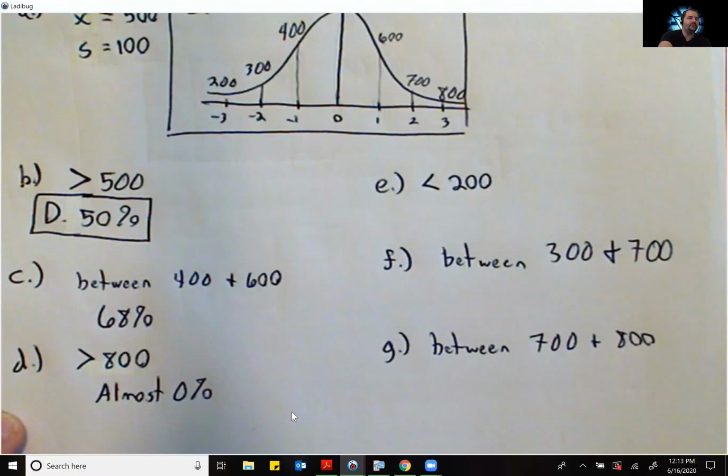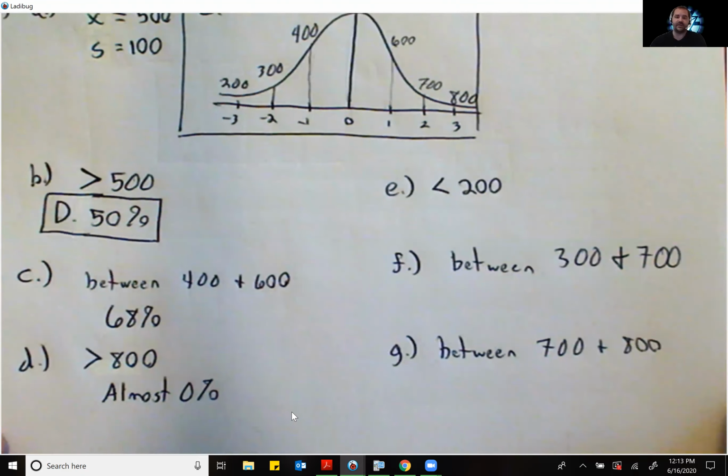Wait, no, I may be wrong on that. Hold on, I'm thinking real quick. 99.7 minus 100, divide that by 2, 0.15. Yeah, 0.15. My bad. Nope, you're good. So almost 0.